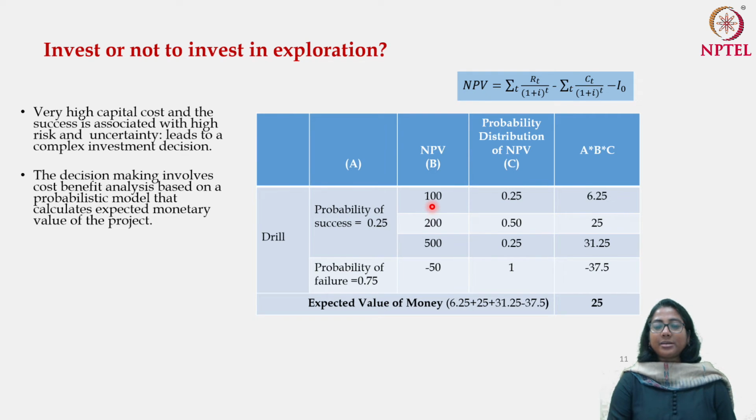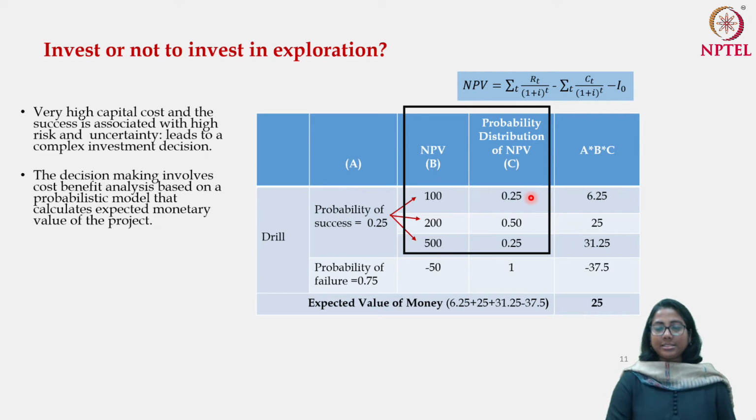The project can derive a net present value of 100, again in some suitable units, maybe crores of rupees, with a probability which is low, 0.25. The probability that I'll get a decent net present value, that is 200, is 0.5, and the probability that I'm going to get a very high net present value, that is 500, is again 0.25.